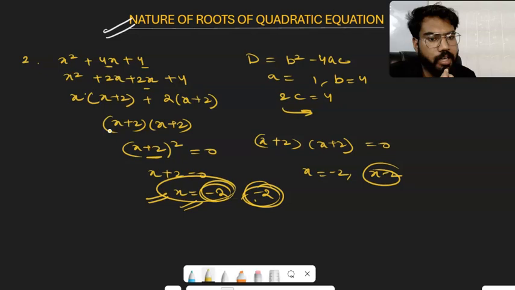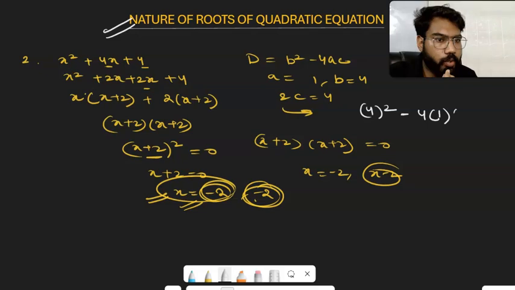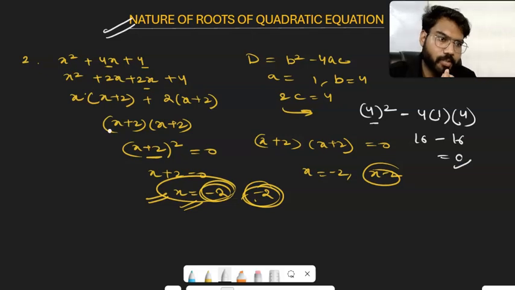So b square minus 4ac is 4 square minus 4 into 1 into 4. So 4 square is 16 minus 16, that is 0. So clearly the value of discriminant is 0.